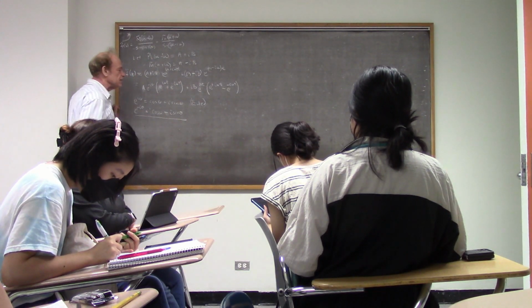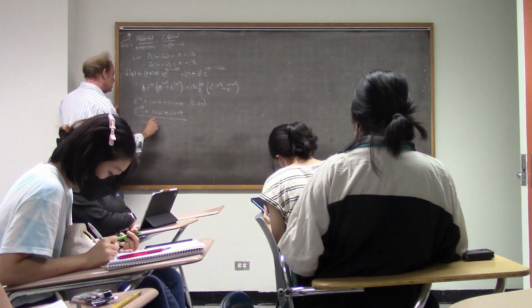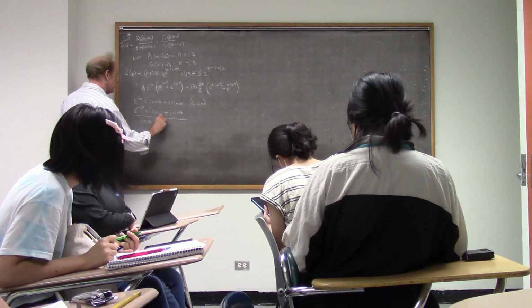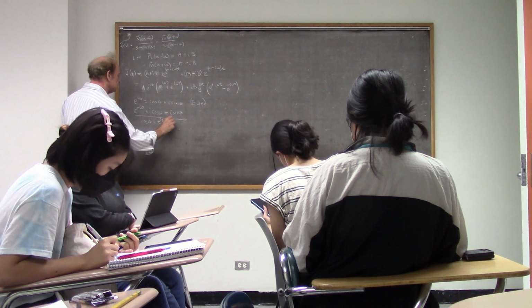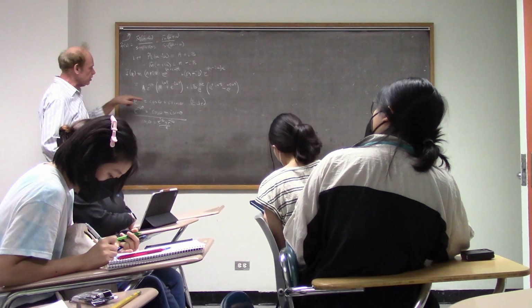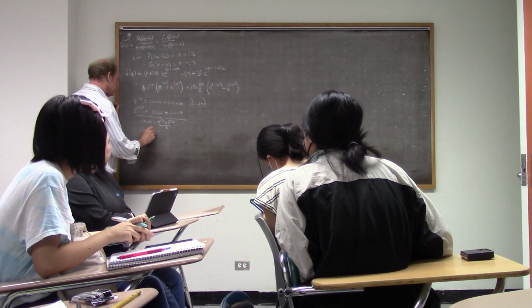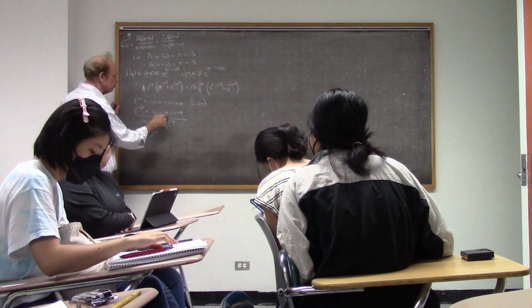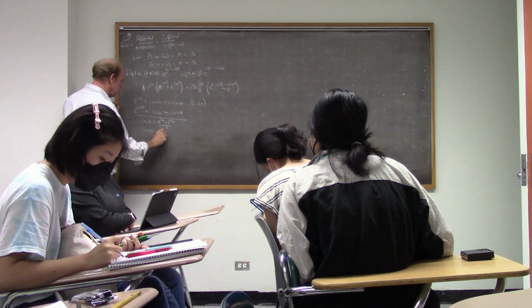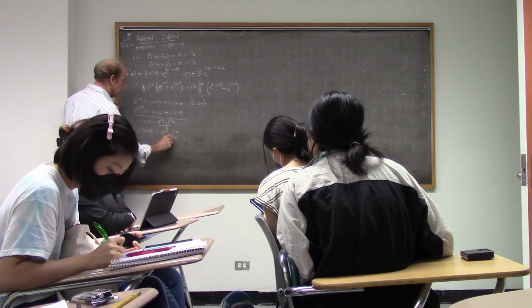Okay, so if I add these, then I find that cosine of theta is equal to e to the i theta plus e to the minus i theta over 2. Because I get 2 cosine theta, the sines cancel, is the sum of these. And the sine of theta, if I subtract them, the cosines cancel, and I get e to the i theta minus e to the minus i theta over 2i.